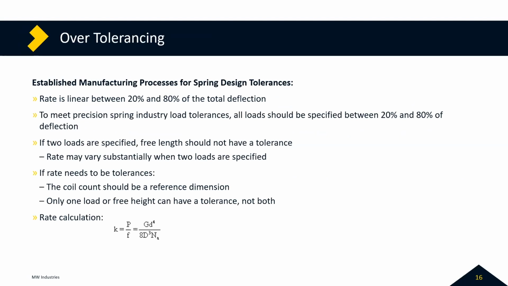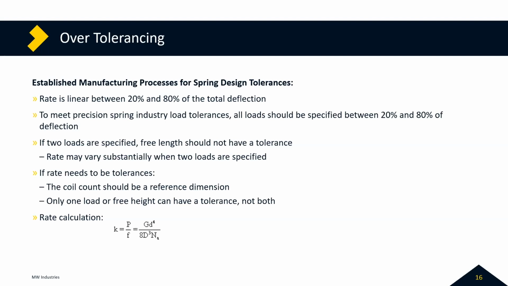A little bit more about over tolerancing. The rate, you'd like it always to be linear between 20 and 80% of the deflection. That's standard. Why 20 and 80%? You typically have a difficult time holding a load within that first 20%, just because you're just starting to get into the active material of the design.